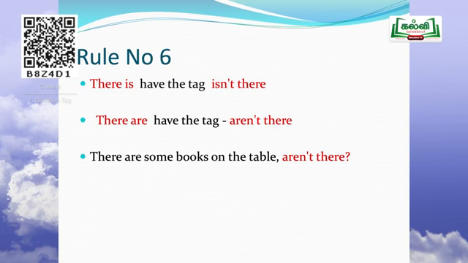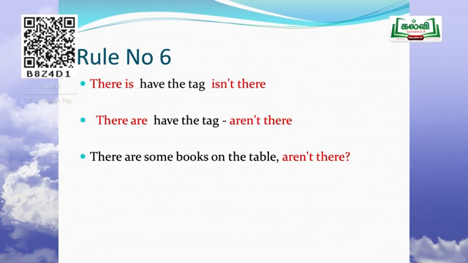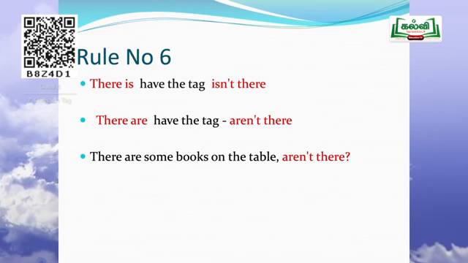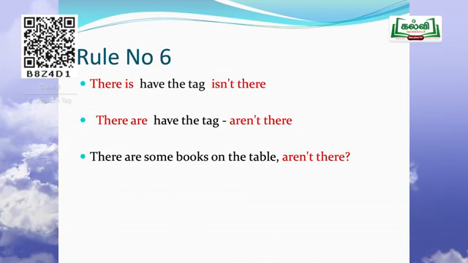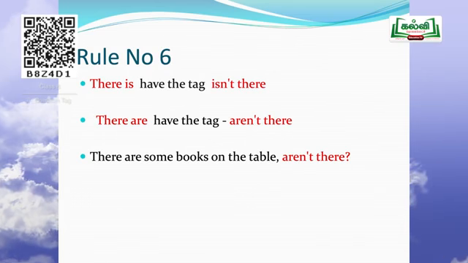Now move on to rule number 6. There is: how is the tag? Isn't there. There are: how is the tag? Aren't there. For example, there are some books on the table, aren't there?